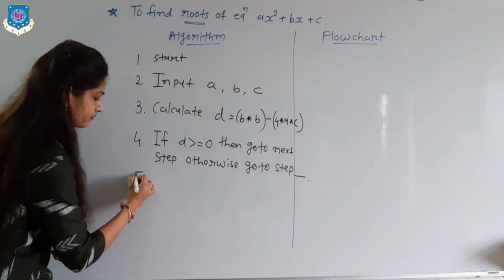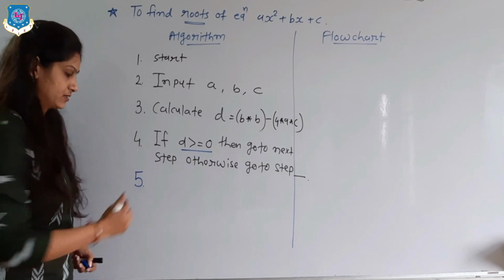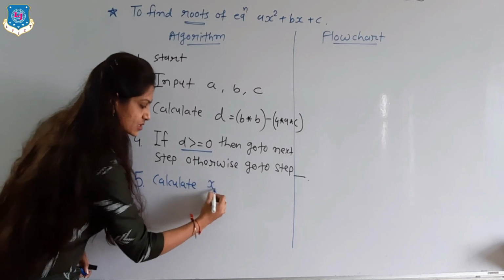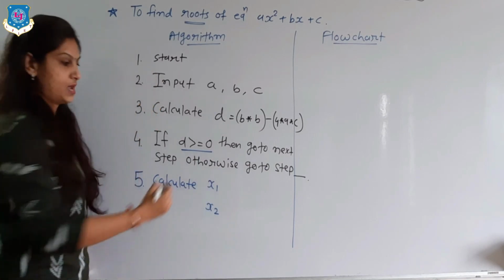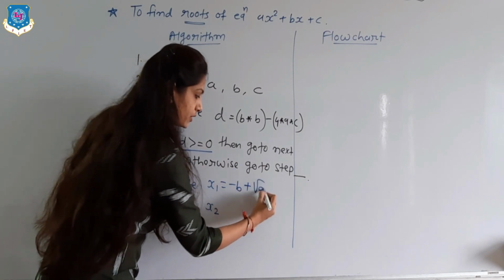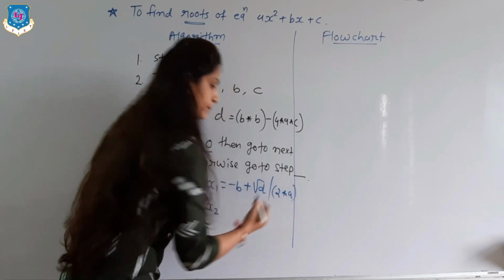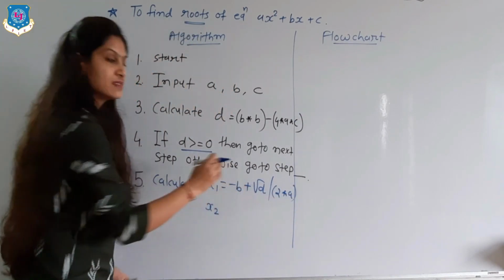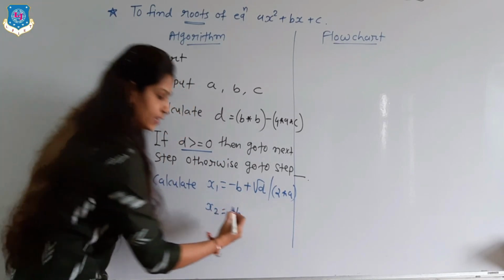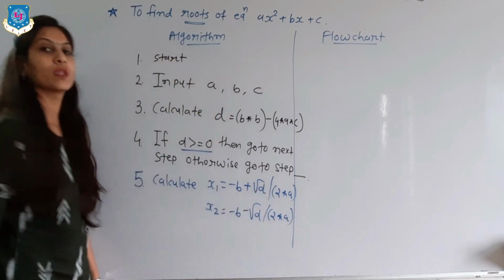Now fifth step means our delta is greater than 0, then roots are possible? Yes. Which roots? So calculate x1 and x2. x1 the formula is minus b plus under root d, not delta, divide by 2 into a, and second root, instead of plus sign we have to write minus, that is our second root, minus b minus under root d by 2 into a.